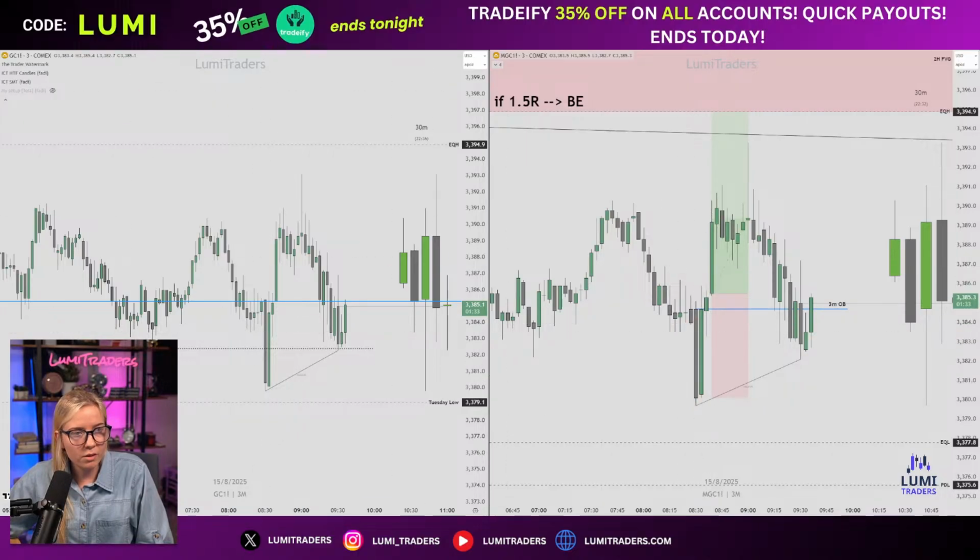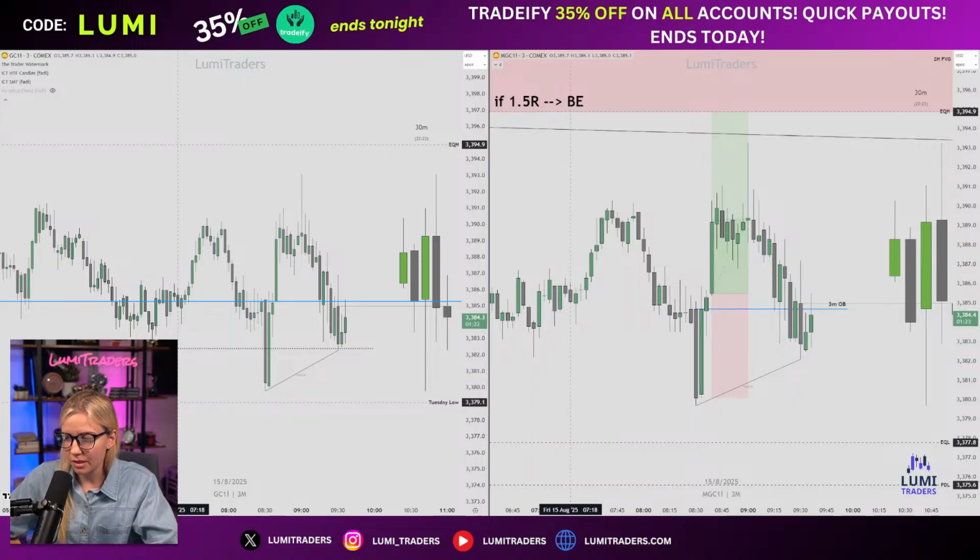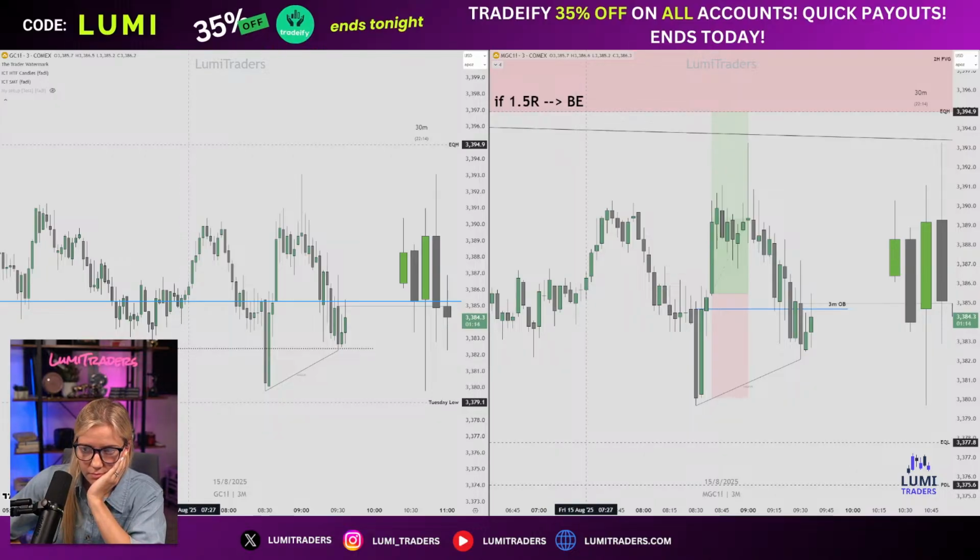The M2 model on NQ is going to be long, but no setup for this just yet. Yeah, gold is playing games, and it feels more bearish than bullish right now. I closed at 1 second profit just not to pay for commission.